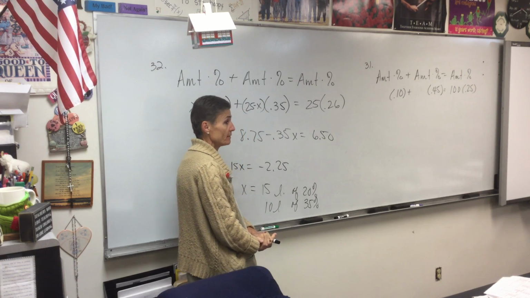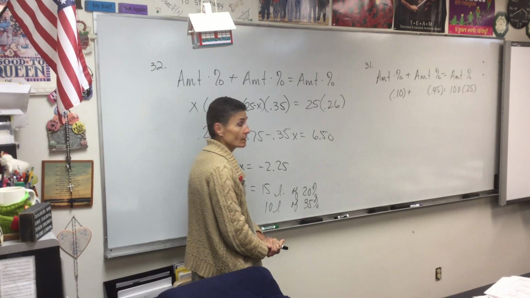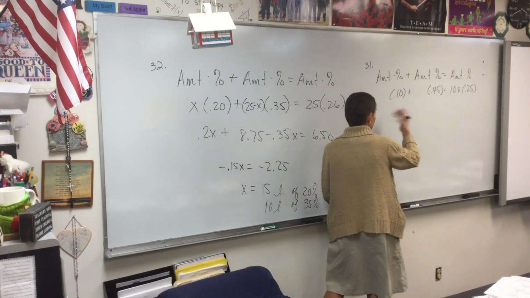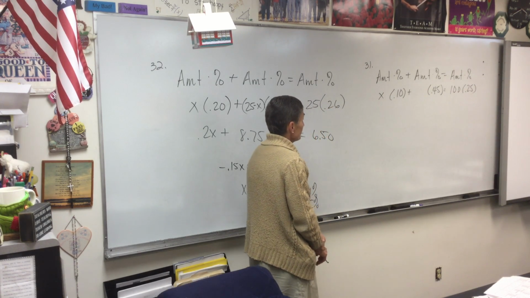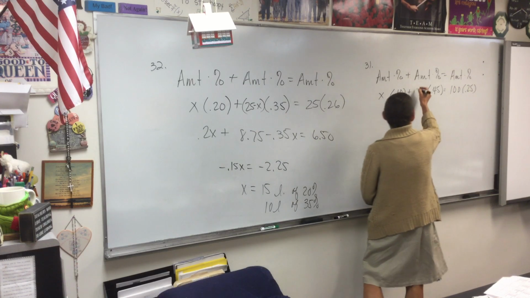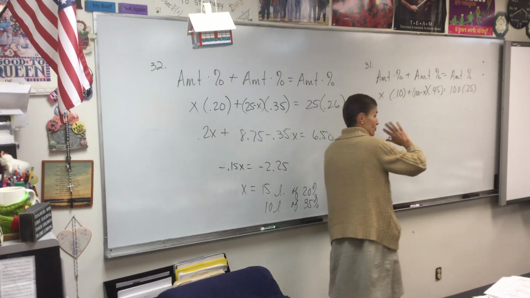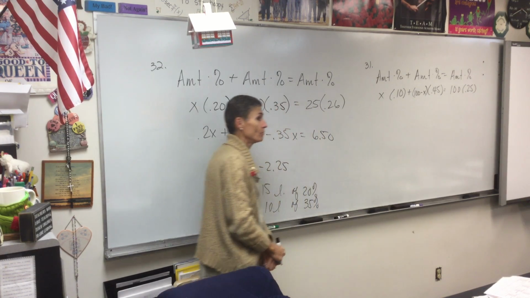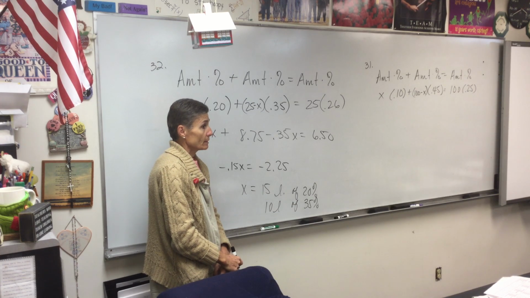I've just plugged stuff in. Now, something has to be X, so I'll just call that one X. And then what would this one be? How much of this would I have? Perfect. And then you're just going to distribute, combine left and right terms, and solve like always. Easy enough?